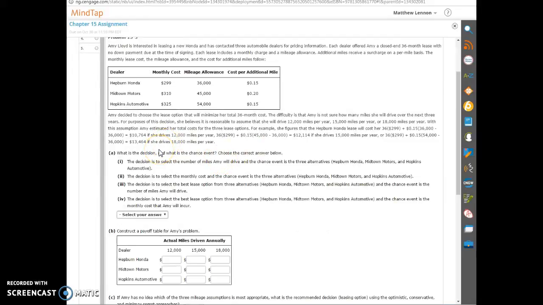Down here it says what's the decision and what's the chance event. Well, you can go through each of them, but basically you can boil it down between 3 and 4. So the decision is selecting the best lease option. And then the chance event is either the monthly cost or the number of miles. Well, the monthly cost does include something that's part of the decision.